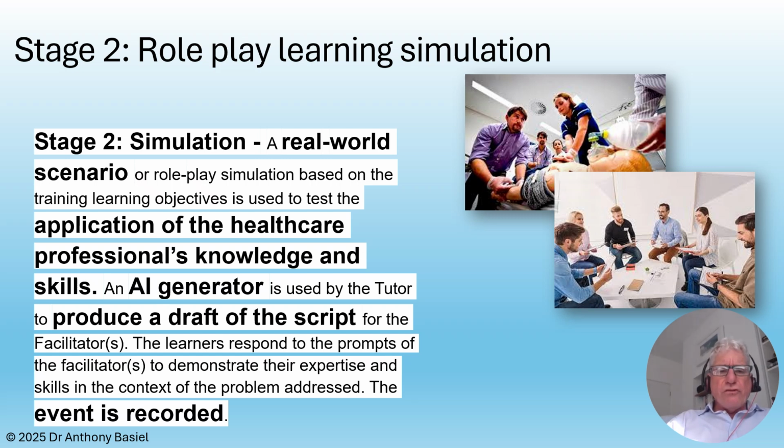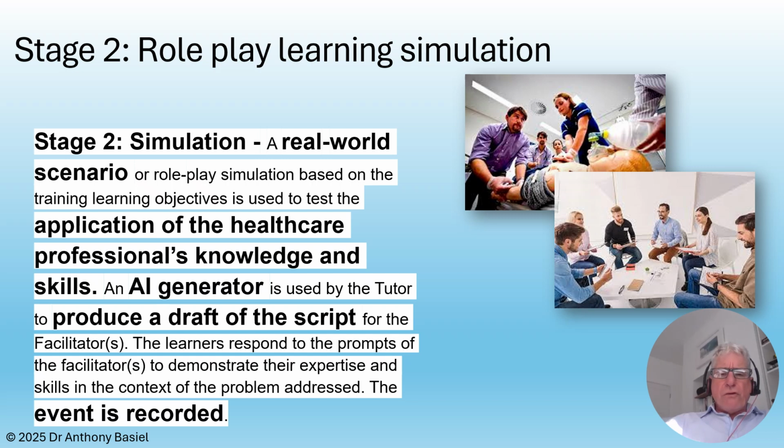So in stage 2, what we're doing is actually having the role play or the simulation itself. Now, this can be done in two ways. We can have the real humans in a face-to-face setting where they are standing inside of a circle of observing students and acting out a role play simulation.